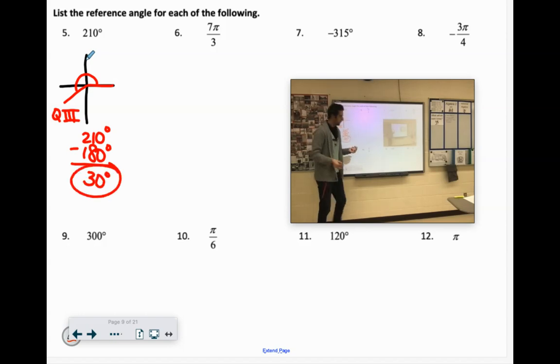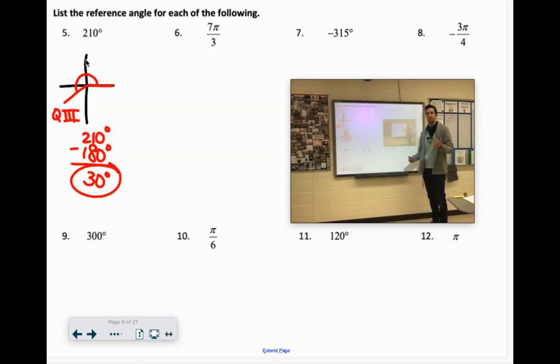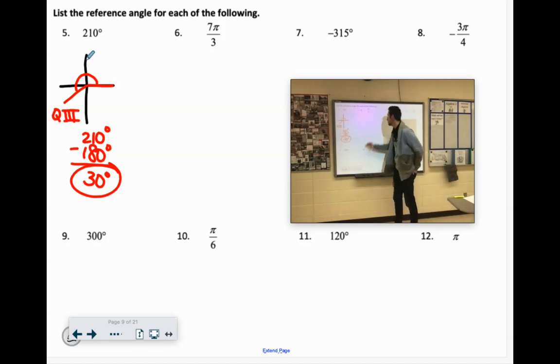That's our reference angle. On most of these, I think it's easier just to convert them all to degrees. But if they're giving it to us in radians, they're going to want the reference angle in radians as well. So 7 pi over 3. Now if we're doing thirds, one full rotation would be 6 pi over 3.